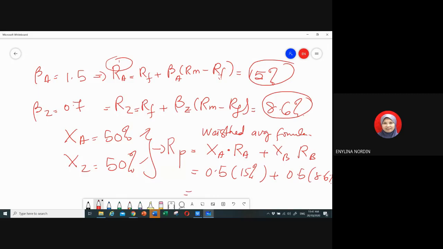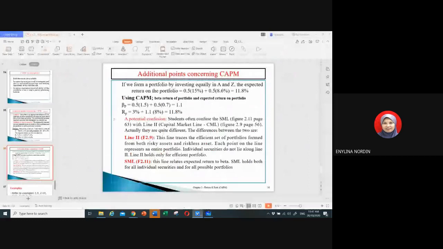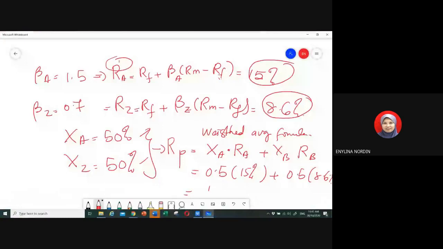Then you get the portfolio's return, which is 11.8%. So this is method number 1.